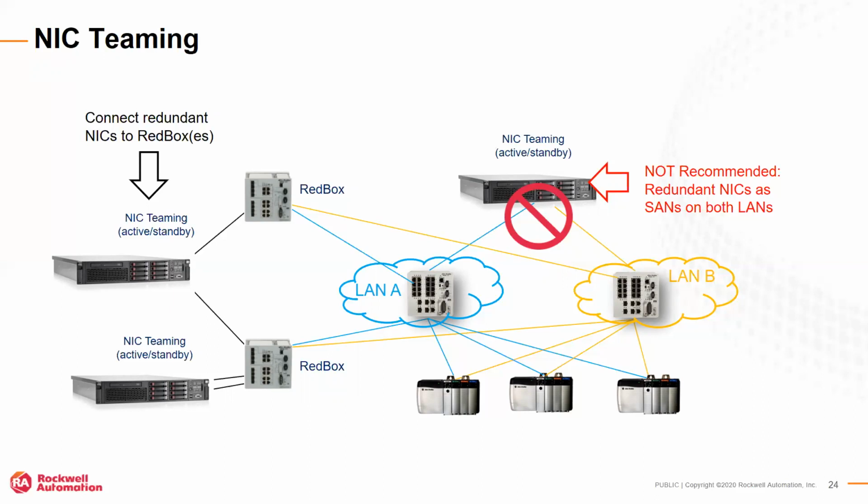You don't want to connect a NIC Teaming device directly to LAN A or LAN B. Without going into a lot of detail, the main reason is you present yourself with a lot of convergence issues on the NIC Teaming device if there were a failover. And so we just like to separate the NIC Teaming directly from a PRP through a RedBox.